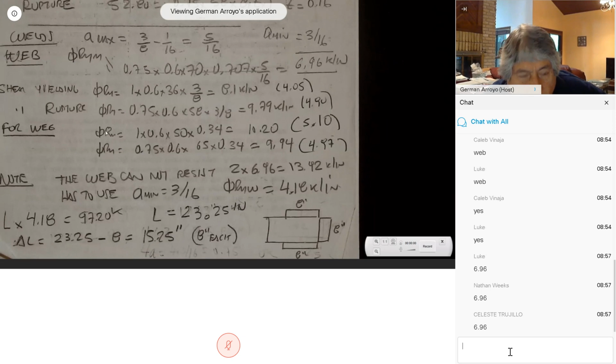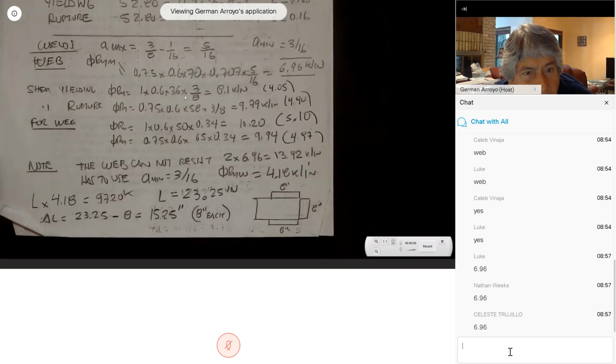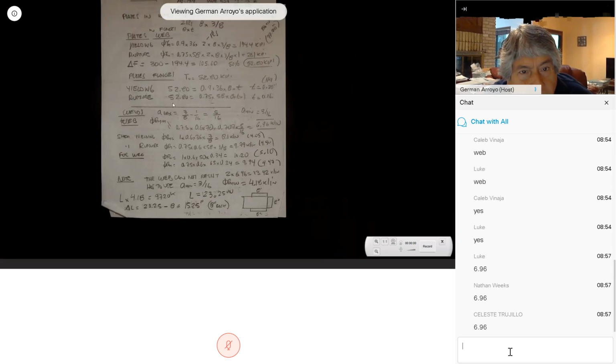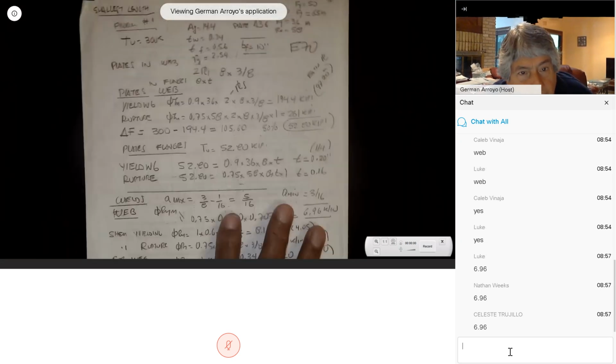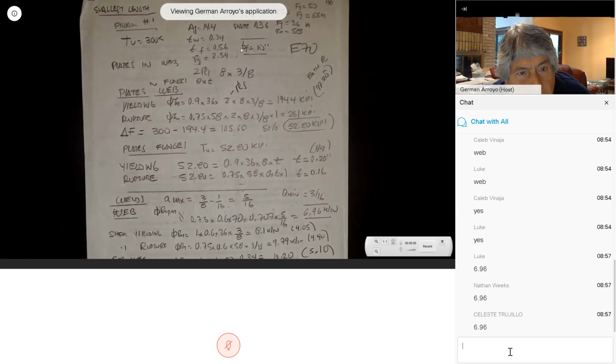But I did also for the web. We have shear yielding: 1 times 0.6 times Fy 50, and this is the thickness of the web. The thickness of the web is given here on the top.